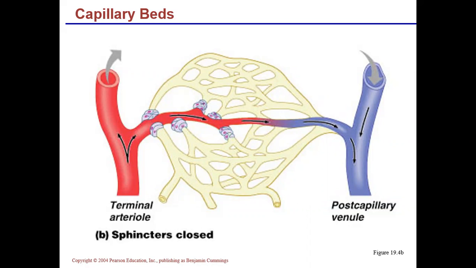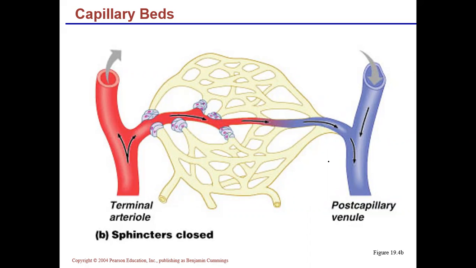All right. Now, there are vasomotor nerves and local chemical conditions that can bypass or flood the capillary beds. It really depends on what you need, and that's what happens. All right.